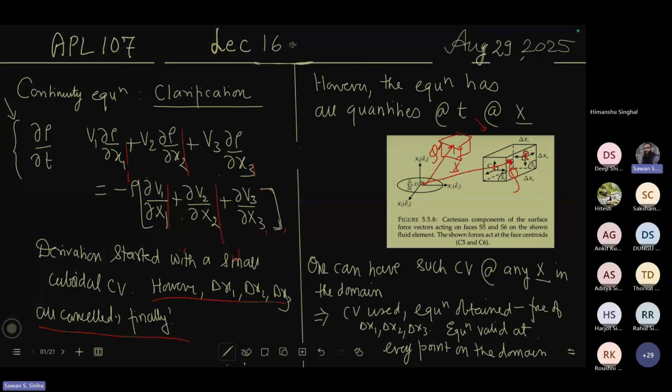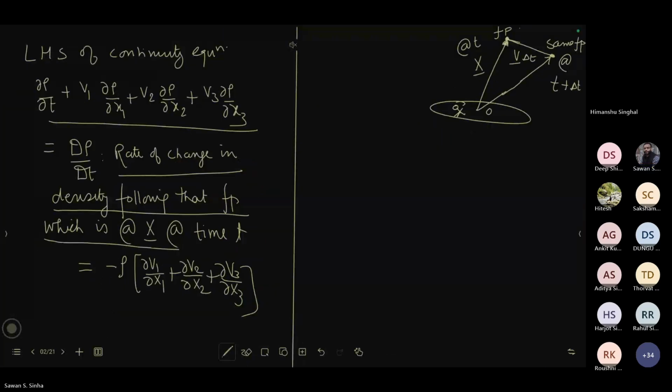Since this equation is true at each and every point, let's examine the left hand side of this equation and recognize that the left hand side is nothing but the material derivative of density. That's what I have written here. This is the material derivative, rate of change in density following that fluid particle which is at x.